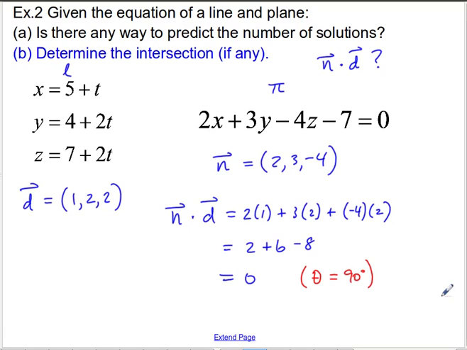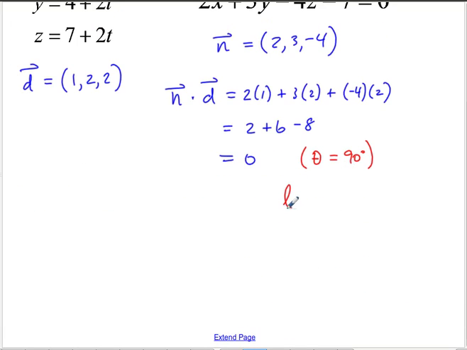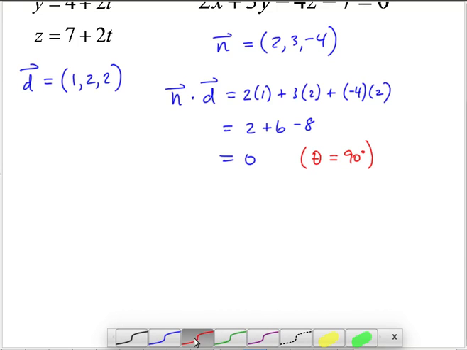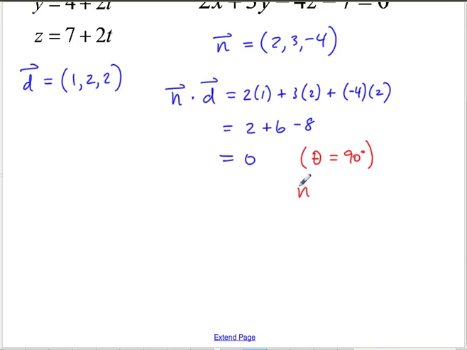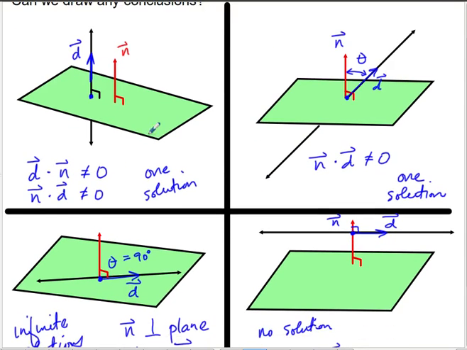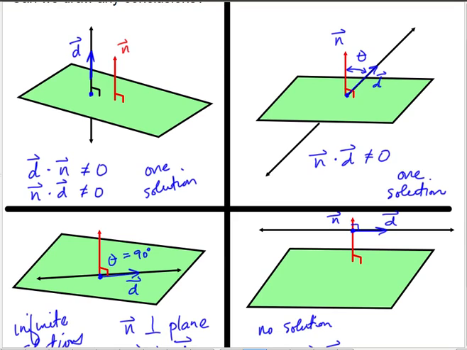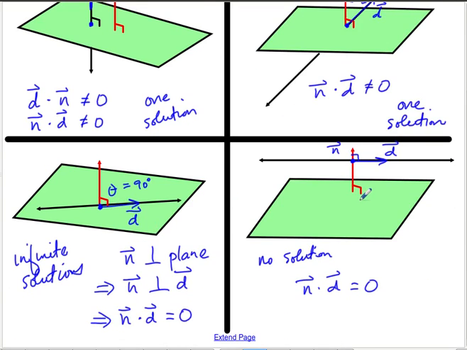But what does that actually mean? Theta equals 90 degrees means that my normal vector is perpendicular to my direction vector, and that means we must be in one of these two diagrams, since the dot product is equal to 0. The normal is perpendicular to the direction vector, and so we either have infinite solutions or no solution.